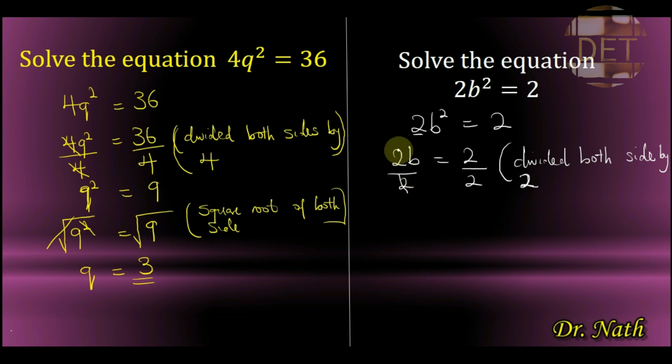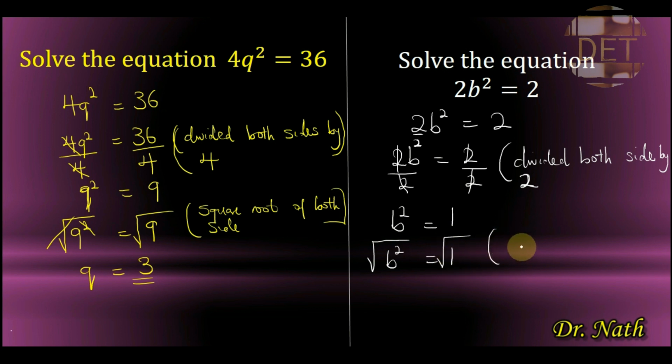So 2 will cancel 2. That will make my b squared stand alone. So this is b squared is equal to 2 divided by 2, which will give me 1. So b squared is equal to 1. What I will do here is to look for the square root of both sides of the equation. So this is the square root of b squared is equal to the square root of 1.